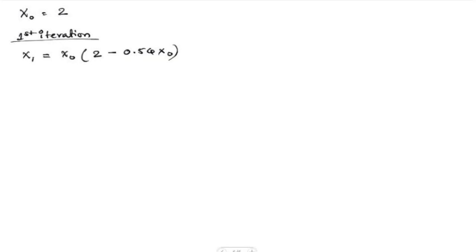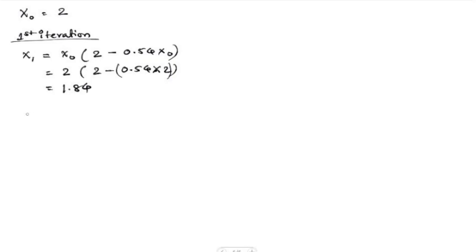Since x0 is 2, this is 2 times 2 minus 0.54 times 2, which is equal to 1.84.